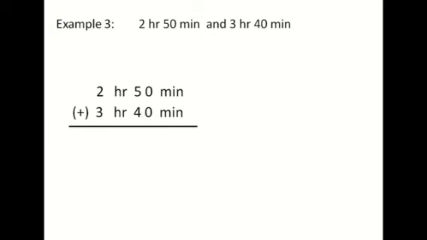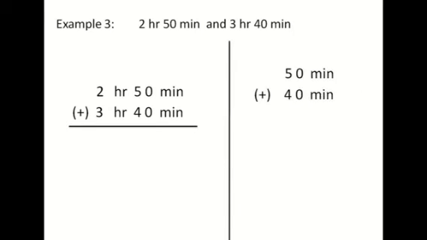In the previous two sums, the minute parts were less than 60. When we added the minute parts, we got a sum less than 60. Here, 50 minutes and 40 minutes added give 90 minutes. When it is 60 or more than 60, what do we have to do?